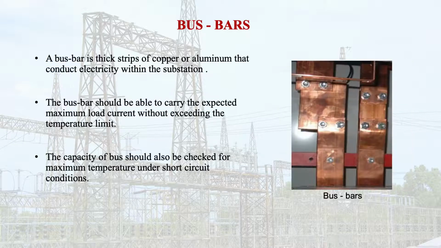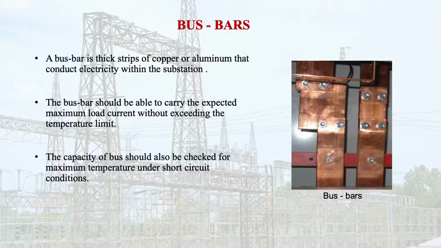The bus bar is basically a thick strip of conductor. It is a thick strip of copper or aluminium that conducts electricity within the substation. The size of the bus bar is important in determining the maximum amount of current that can be safely carried.